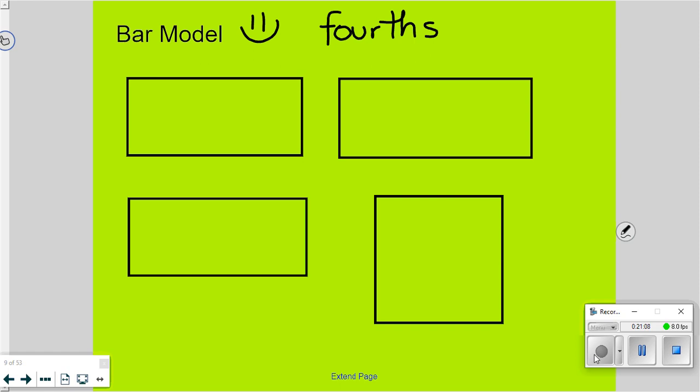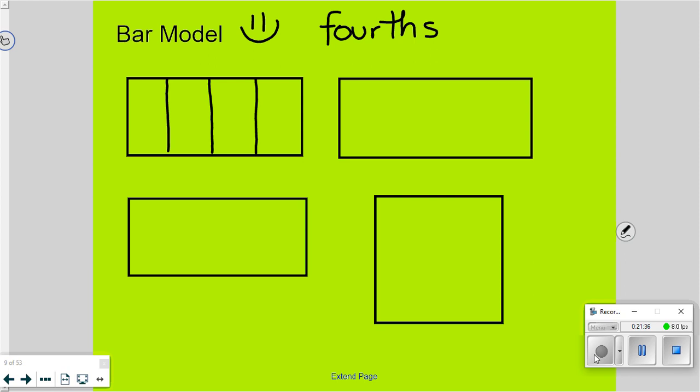I'm counting fourths. One way that I like to break up my model, because 4 is an even number, I like to split it in half. And then I'd like to split these in half. Now I have 4 equal sized pieces. Sit up.